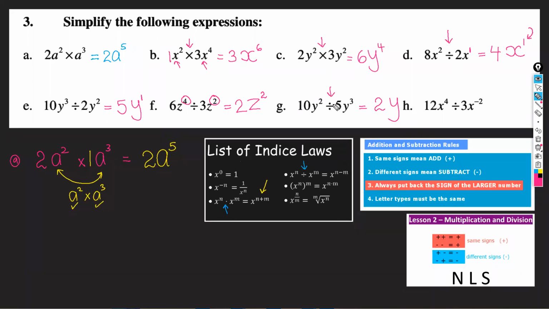Right, Kayla, correct. Remember, it's the 2 come first, and then it's the divide. So divide means the minus, and then you have a 3. 2 minus 3 is minus 1.